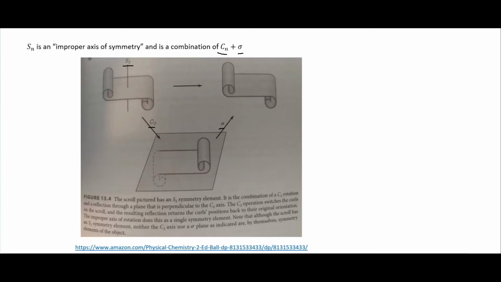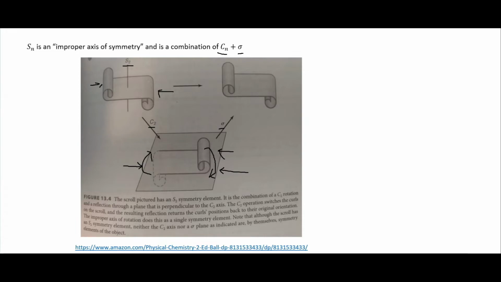What we're doing is rotating around this axis, so this little curl part here ends up over here, this one facing down ends up over here, and then we reflect through this plane right here, so that this one gets pulled down there, and this part gets pulled up there. And so that is an S2. So this scroll here.